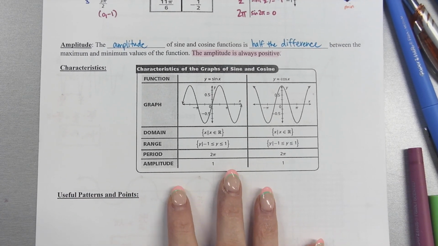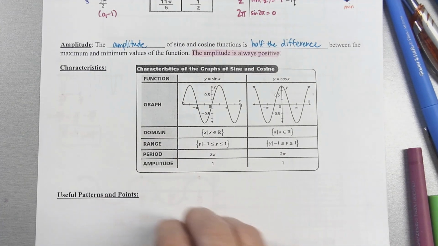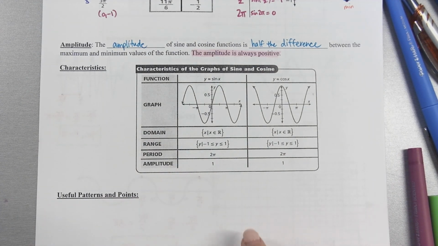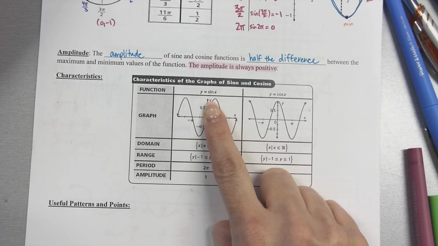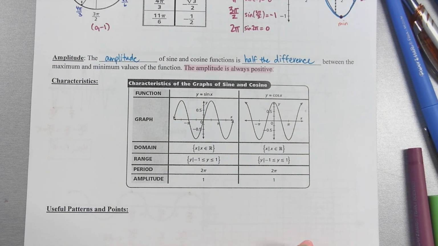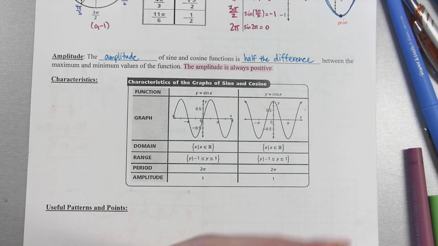So for your characteristics chart, there's a few things I want you to notice. One thing on here is these are for the graphs of sine and cosine, the parent functions, which is what you did today. Tomorrow, we're going to start to do transformations of those functions.